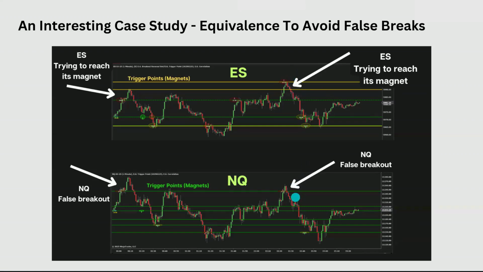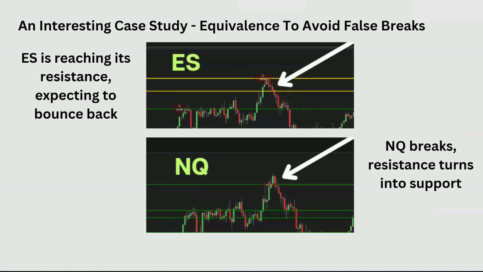When this happens, NQ reverses. So you could anticipate that this break is a small false breakout by looking at ES, that it's reaching its resistance level, possibly indicating that NQ is going to break down. So it's a false breakout.